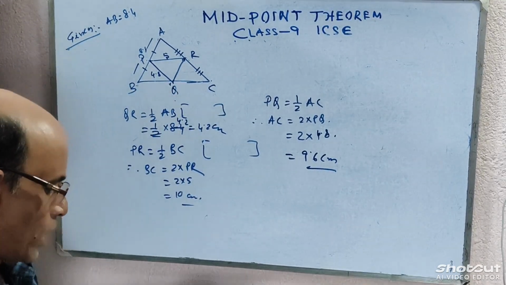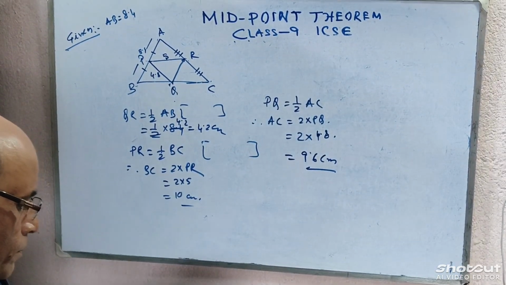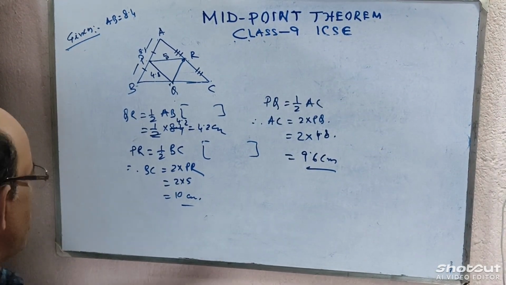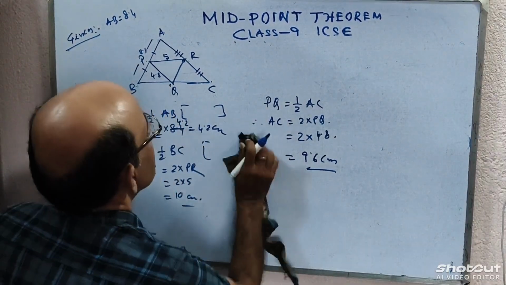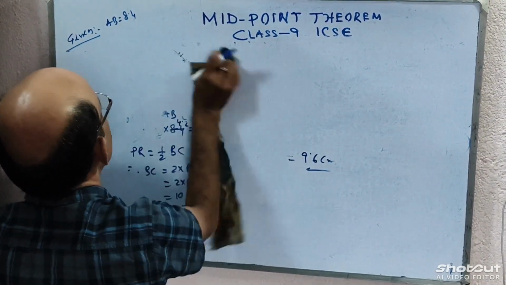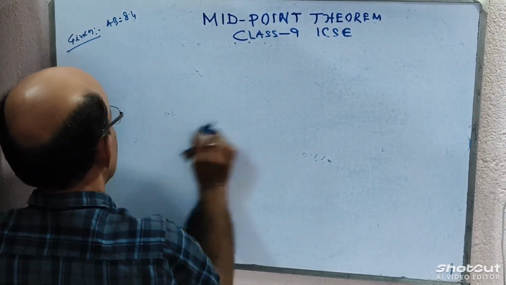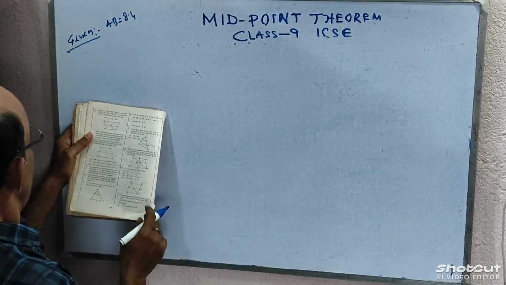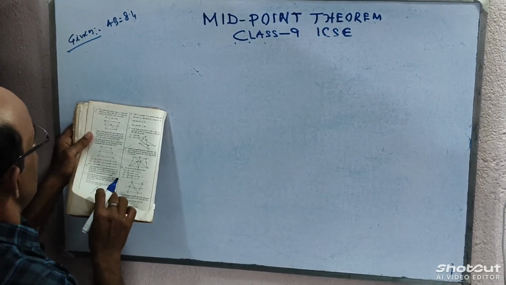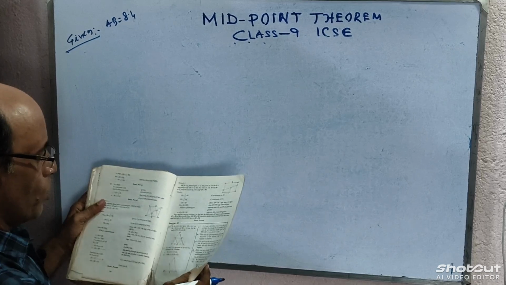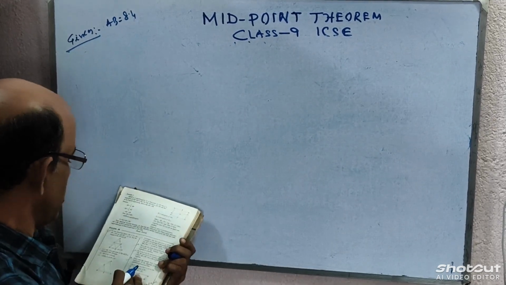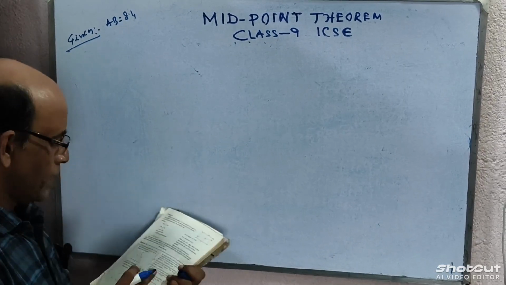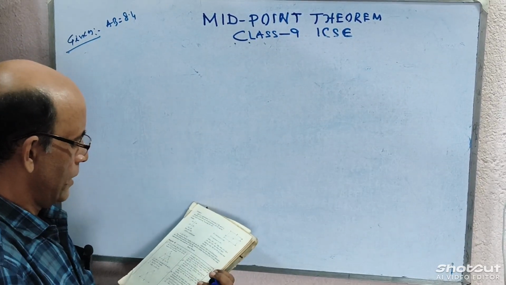Okay, now prove. প্রুফ করতে হবে, প্রুফটা করে দিই। প্রুফ, এখানে একটা প্রুফ আছে। Prove that the figure obtained by joining the midpoints of the adjacent sides of a rectangle is a rhombus.